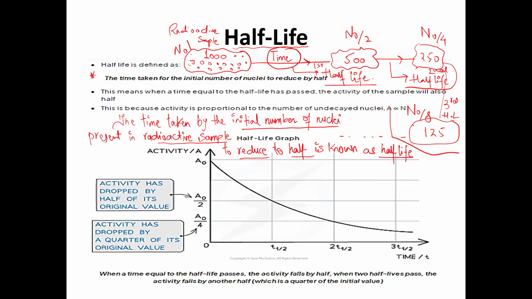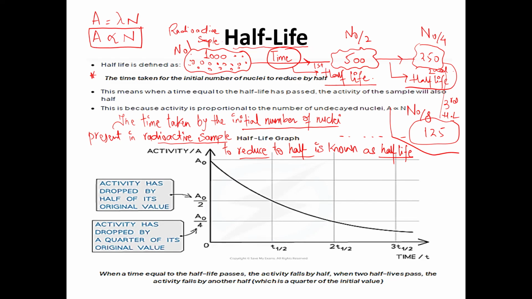And we have studied the formula A is equals to lambda n, whereas lambda is constant. So we can say that activity is proportional to number of nuclei remaining in the sample. तो उसको हम graphically कैसे बना सकते हैं?